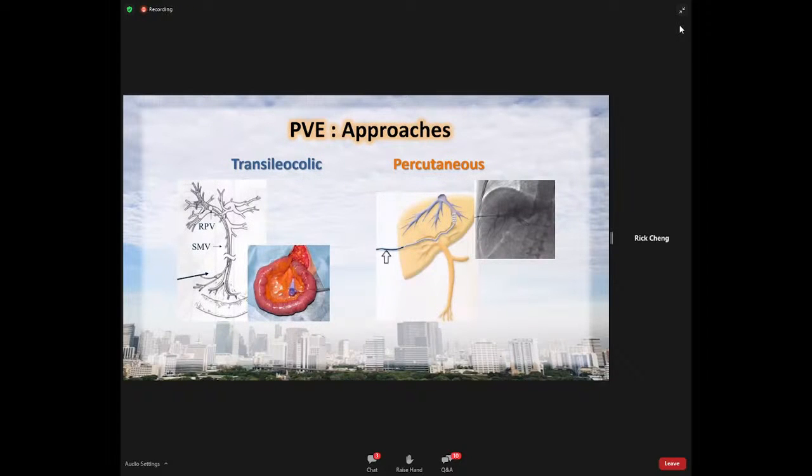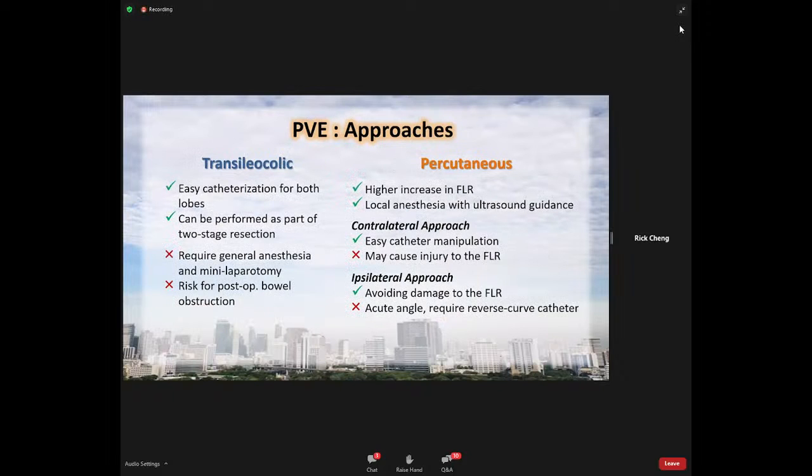The portal system can be accessed by two routes. Transileocolic is the surgical access, which requires general anesthesia and has risk of bowel obstruction. The more popular access route is percutaneous approach. There are two different techniques, contralateral approach and ipsilateral approach.